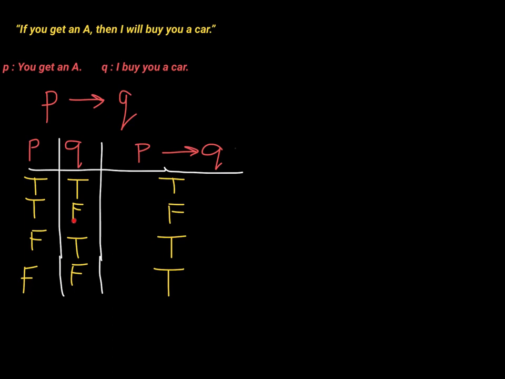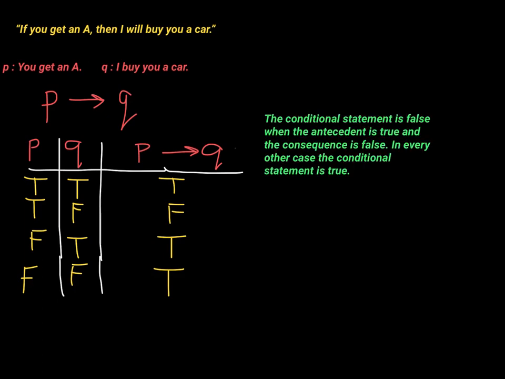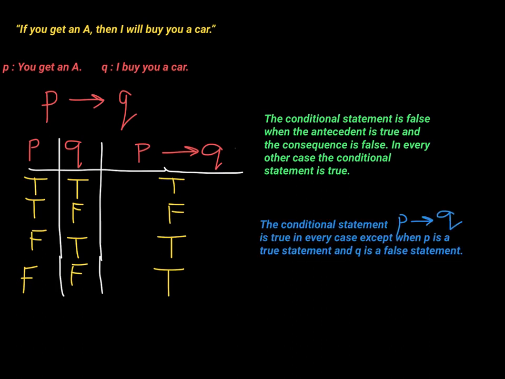That's the one and only case where this conditional statement is false. All other cases, it's true. I think this is worth adding to your notes. Said another way, the conditional statement, if P then Q, is true in every single case except when P is a true statement while Q is a false statement.